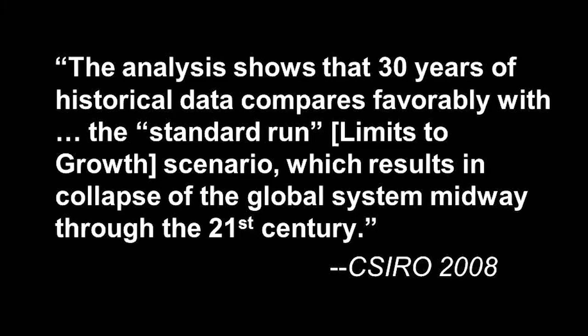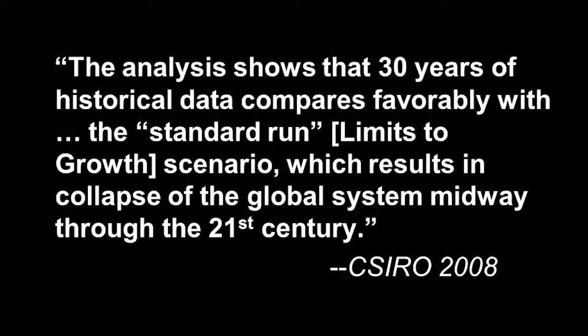Well, what actually has happened in the last 40 years? Well, it seems as though we're very much on the track that they were describing. The CSIRO, the Commonwealth Scientific and Industrial Research Organization, is the main scientific research organization for the nation of Australia.